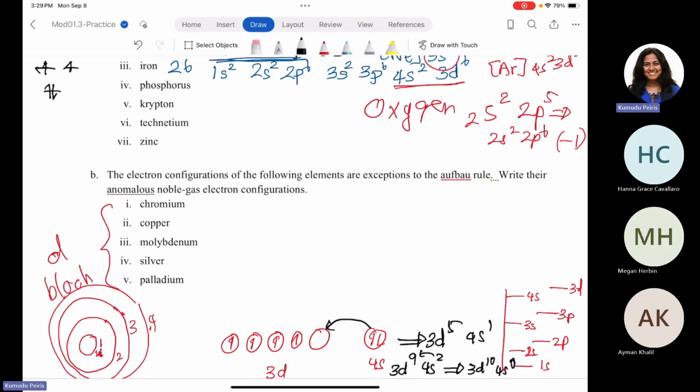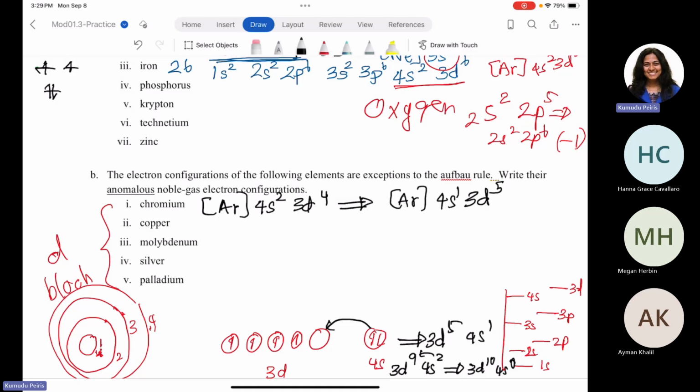So for chromium, when you write the noble gas configuration, you will get argon 4s2 3d4. But it can rearrange to the half-filled stable configuration. So that will be rearranged to 4s1 3d5.